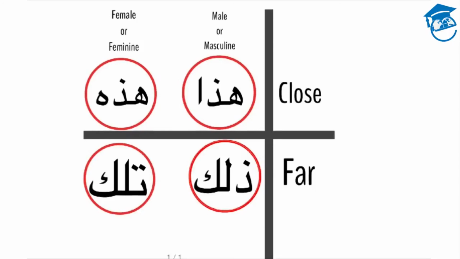If something is close to you and it's a male or it's of the masculine gender, you use hada. If something is close to you but it's of the feminine gender or it's female, you use hadihi. If something is far away from you and it's a male, you use dhalika. But if it's far away from you and it's female or of the feminine gender, you use tilka.